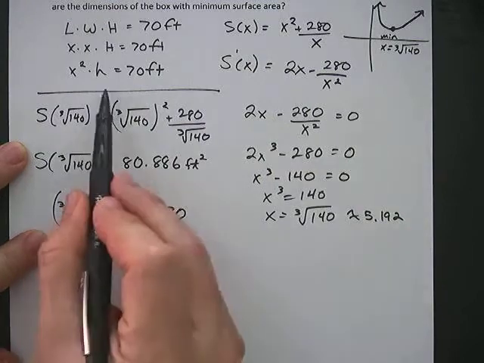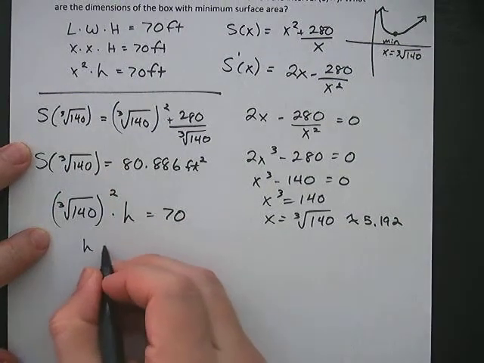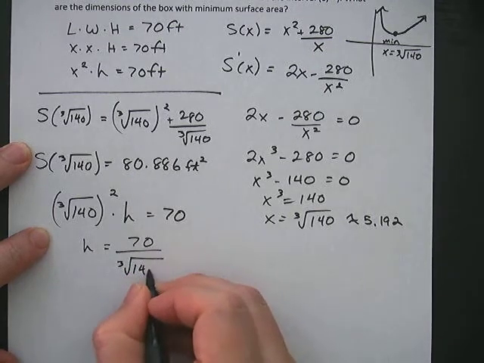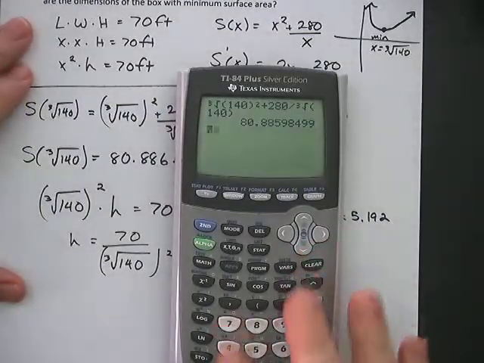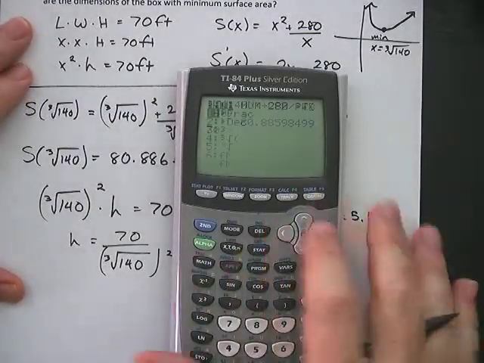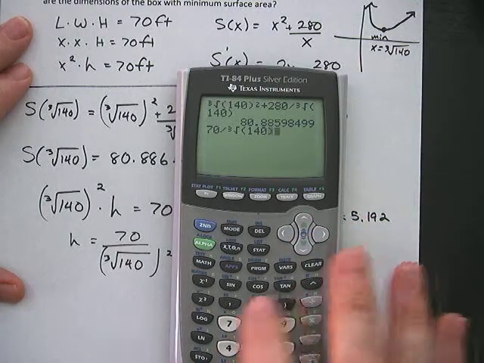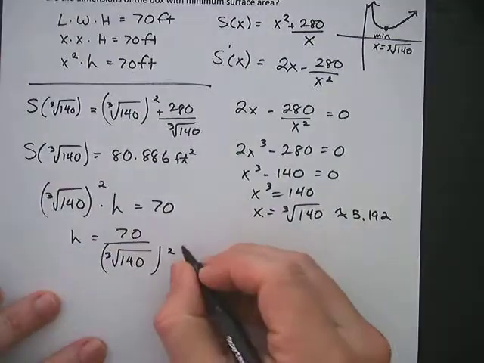That is the volume formula right here, and we're using that. So h is equal to 70 divided by the cube root of 140 squared. We can type that in: 70 divided by the cube root of 140, close parentheses, squared, and you get 2.596.